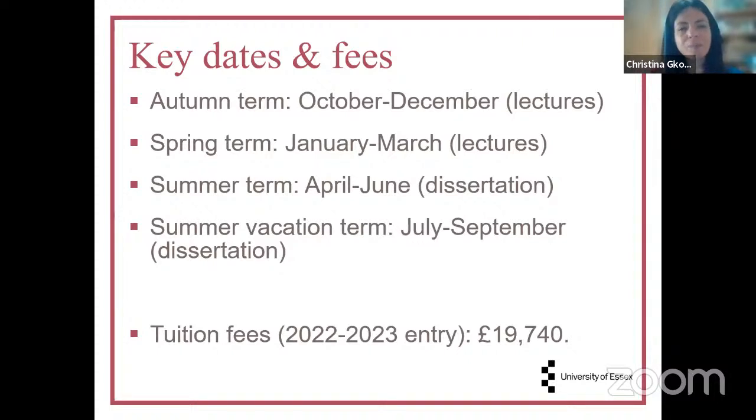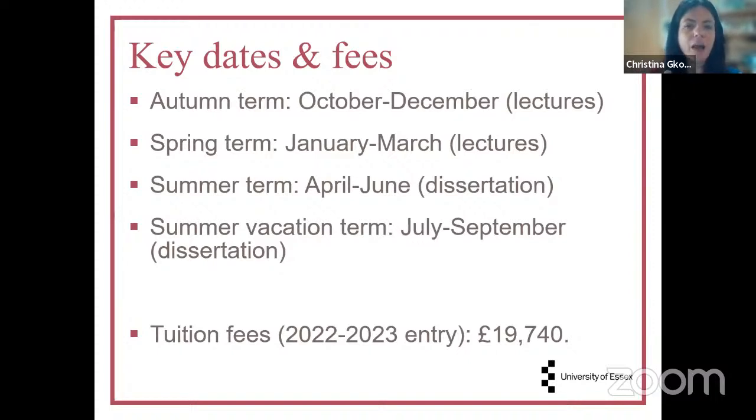Then the summer term, which runs from April till the end of June, and the summer vacation term from July up until September, is when you focus exclusively on the dissertation. You have approximately 6 months to work closely with a supervisor who knows the area you are interested in very well and is able to advise you.